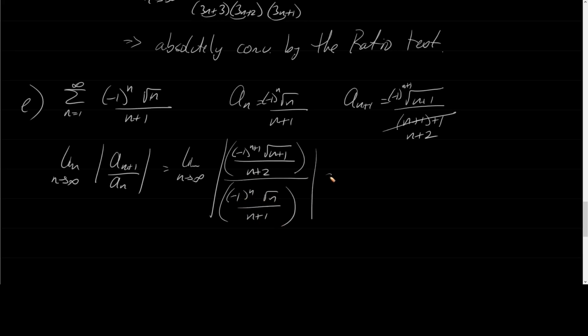That gives us the limit as n goes to infinity of, well, the absolute values get rid of this negative 1 stuff. The (negative 1) to the n and (negative 1) to the n plus 1 are gone.